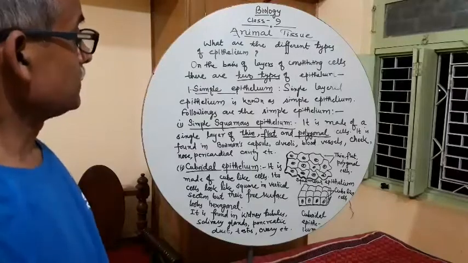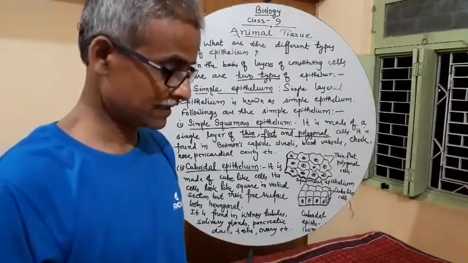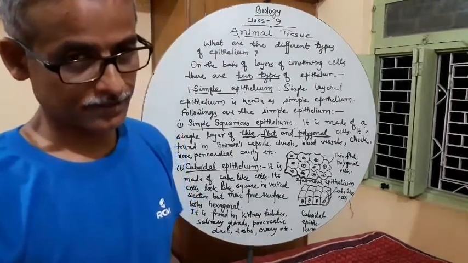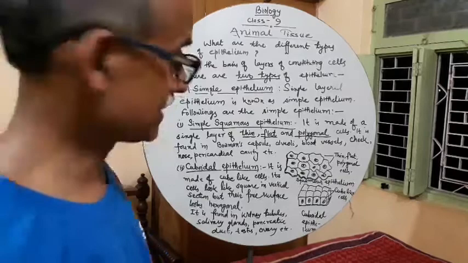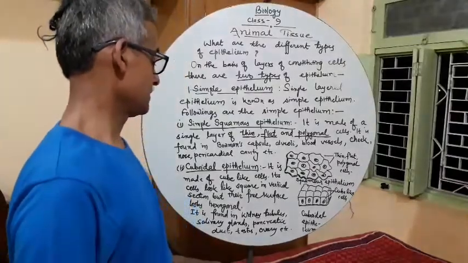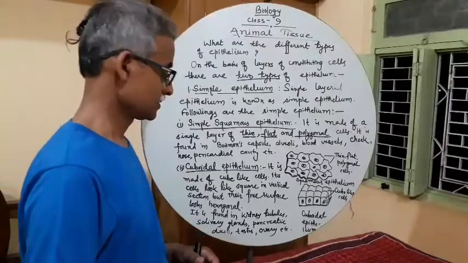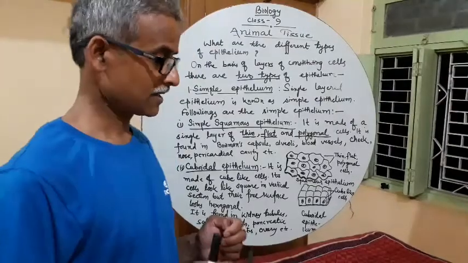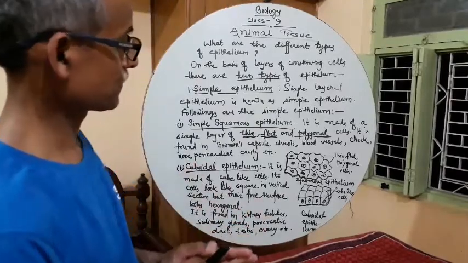Cuboidal epithelium is found in kidney tube, that is in uriniferous tubules, in salivary glands, in pancreatic duct, in testes, in ovaries, and so on.